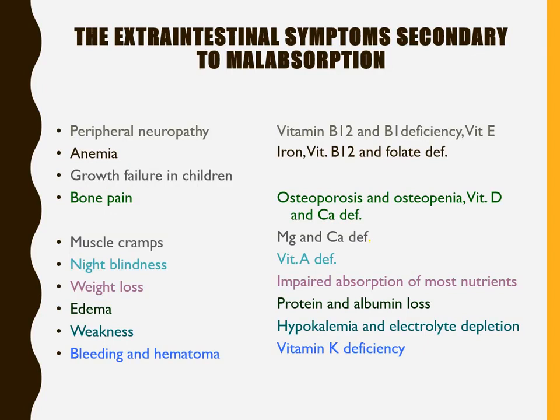Patients with celiac disease manifest other extraintestinal manifestations. For example, peripheral neuropathy secondary to B12 and B1 deficiency, and also the vitamin E deficiency that we were talking about a couple of slides ago. Anemia.